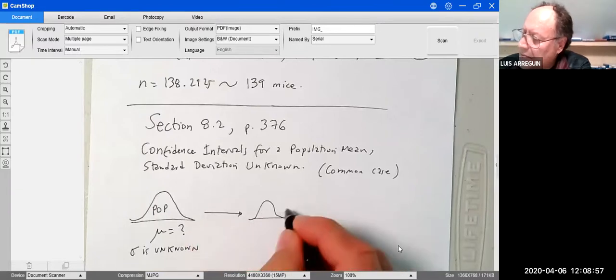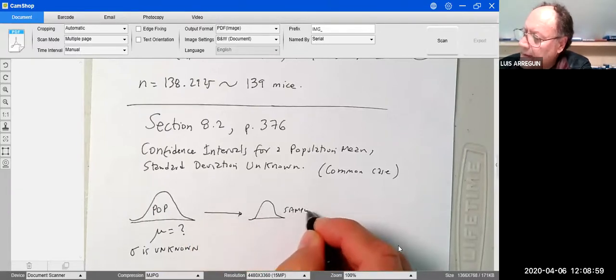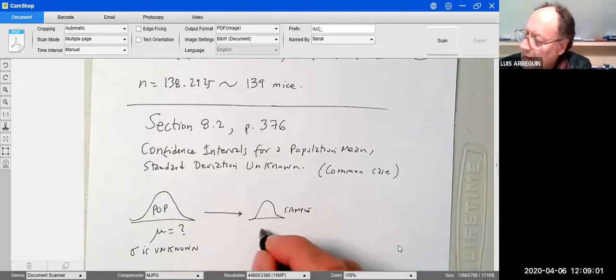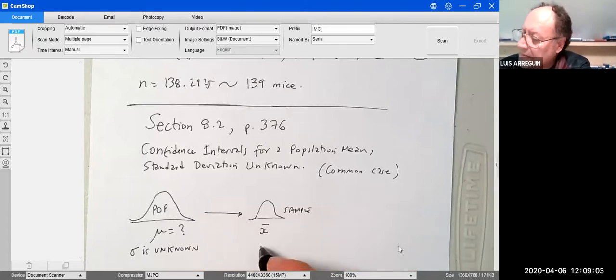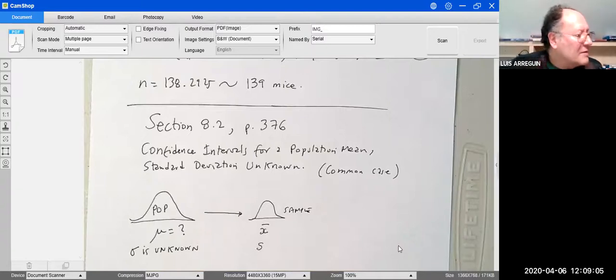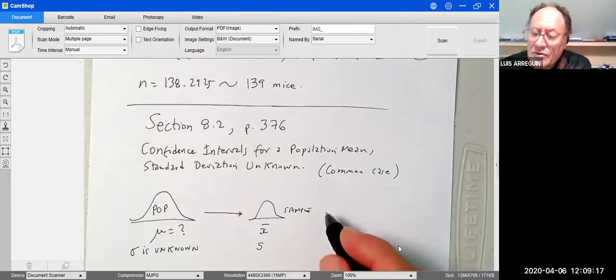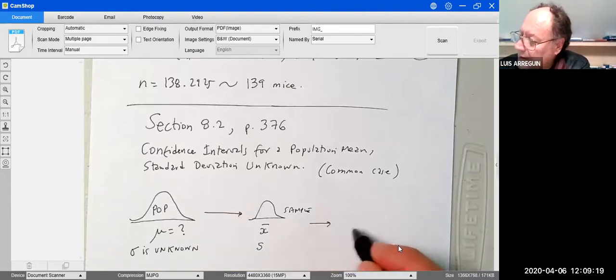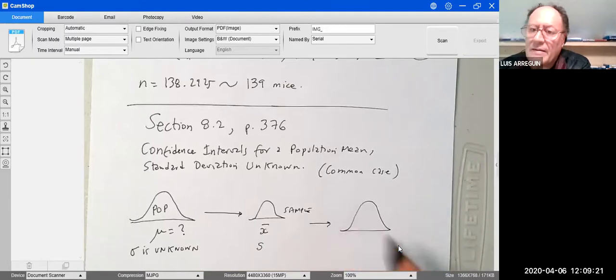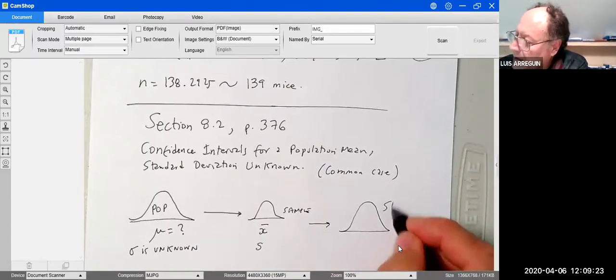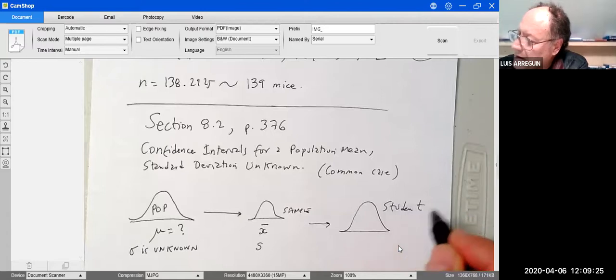We're gonna have our sample. So we're gonna be able to compute the mean and the standard deviation of the sample, and we're gonna use now a different sampling distribution. So to get the information about the mean, we're gonna use the student t distribution.